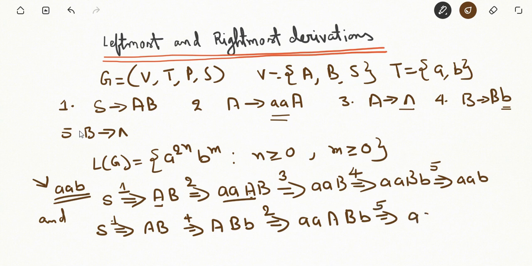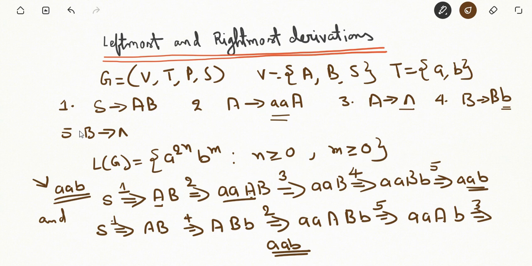So aaAb, and next third production rule. So we are getting the same string. You can see here that two derivations not only yield the same sentence but also use exactly the same production rules. The difference is entirely in the order in which the productions are applied.